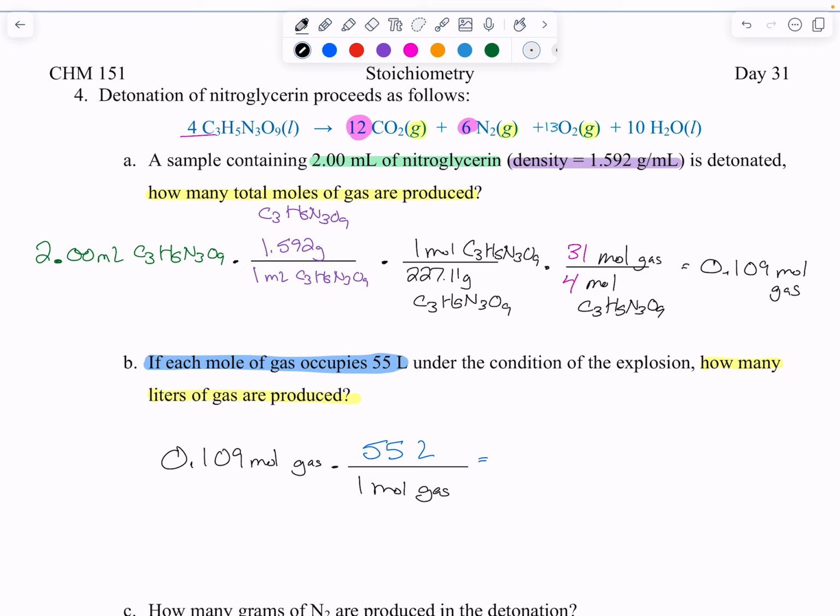It looks like we're going to get 6.0 liters, which is a lot. Think about 2 milliliters of liquid, which is a tiny amount. It's like 40 drops on average, between 30 and 50 drops. So 40 drops makes 6 Nalgene bottles. That's a lot.